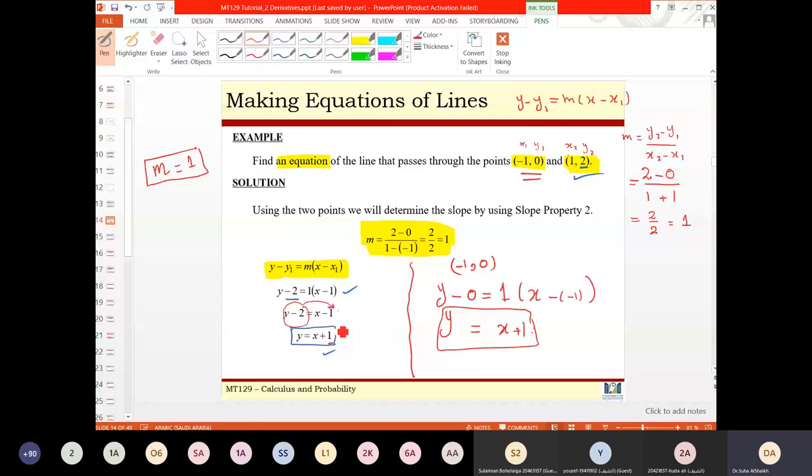Okay? Yeah. So we can choose any one of the 2 points. If I choose this one, if I choose this one, it will work well. Both cases work well. You can find a lot of practice in the book. So try to practice more of finding an equation.